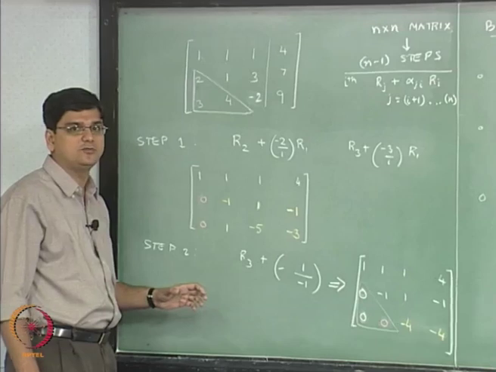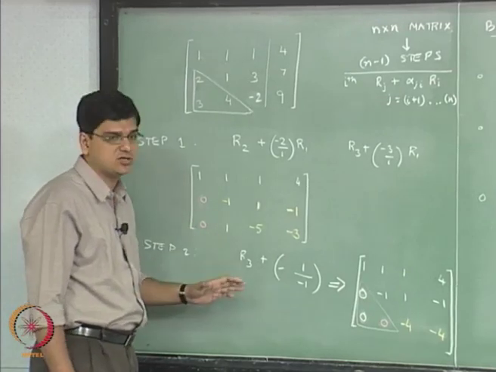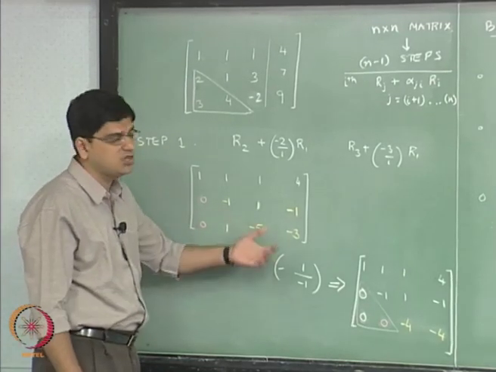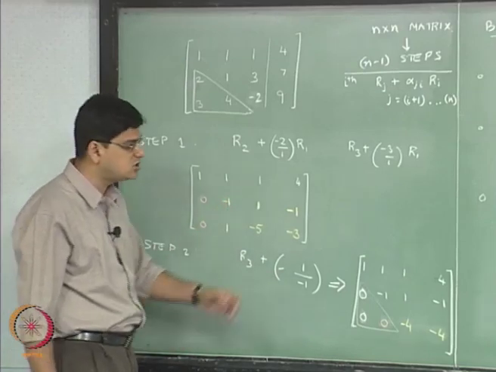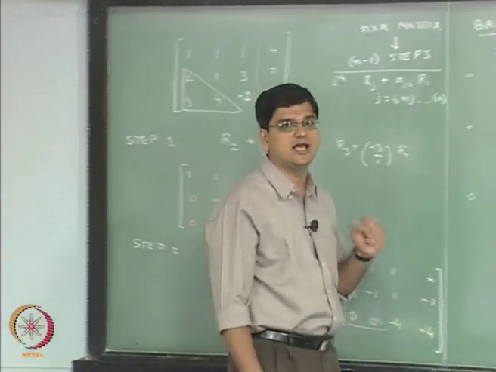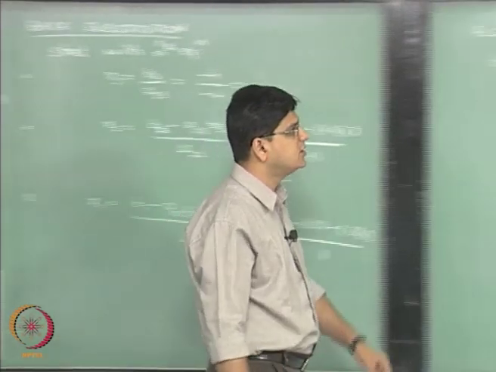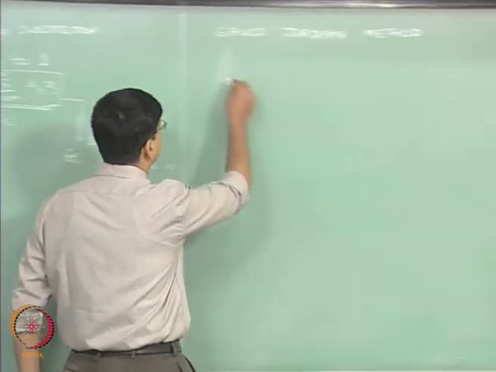In the Gauss-Jordan process, we are going to use the ith row to change all the upper rows as well as the lower rows, so that we will end up with an identity matrix.